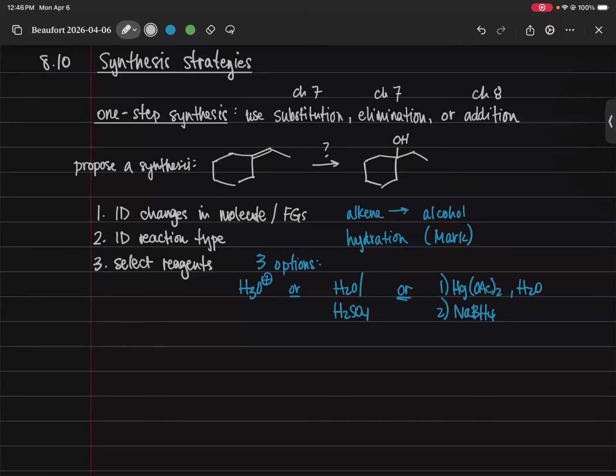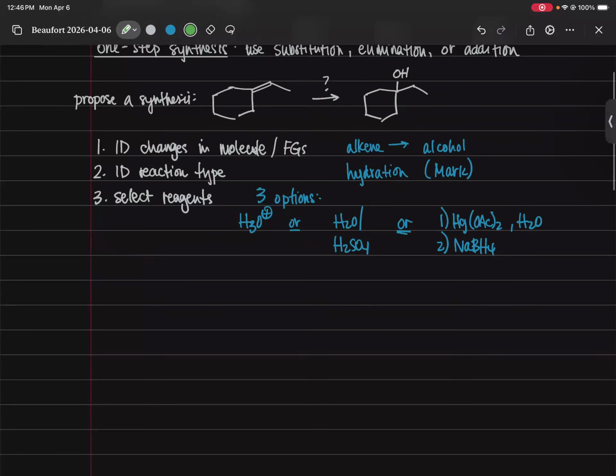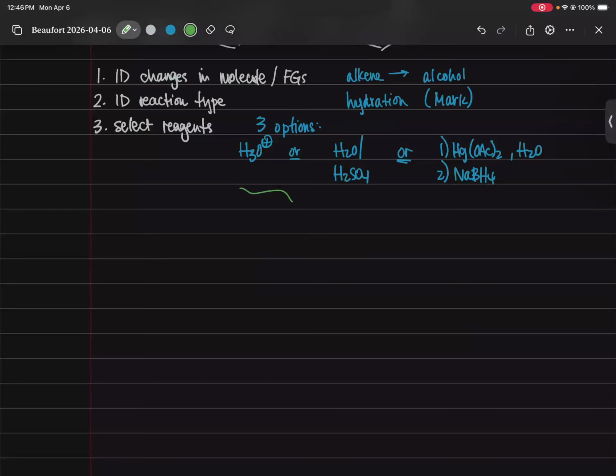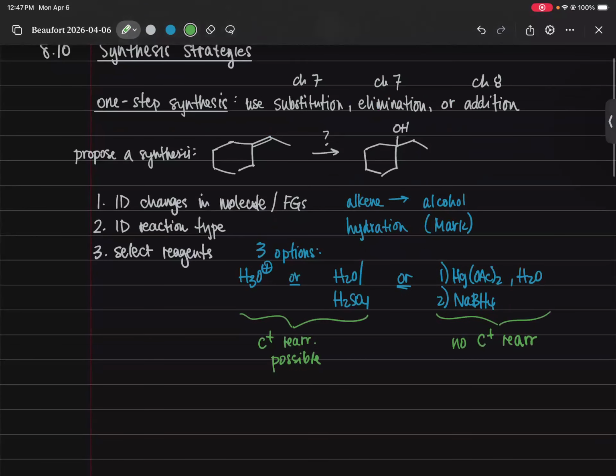Okay, specifically with Markovnikov hydration, we have sort of these two categories here. For these, there is a possible carbocation rearrangement, but for oxymercuration, we're not going to get a carbocation rearrangement.